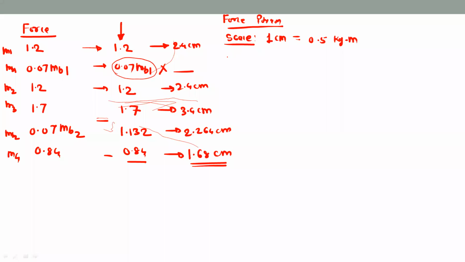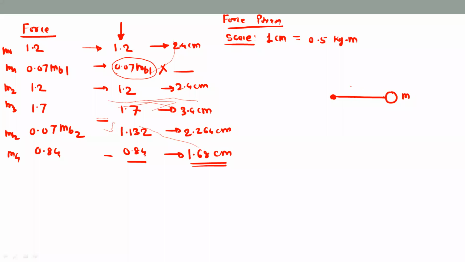And then draw the vectors, which are parallel to the angular position diagram. Now here all the values are positive. So whenever you draw the force polygon, I will draw the angular position diagram as a reference.